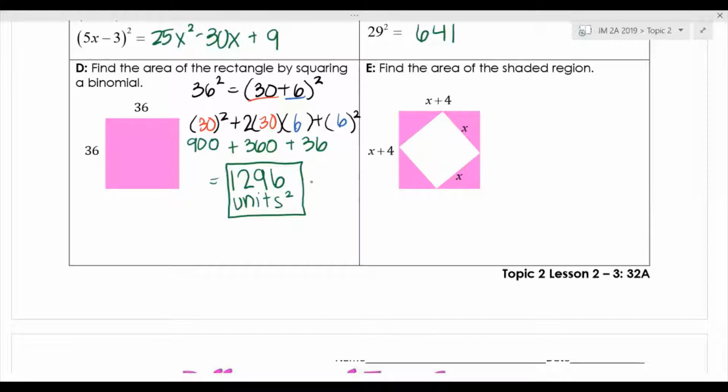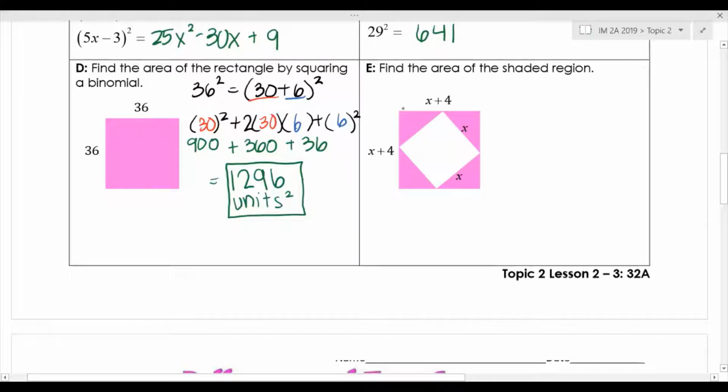For the last example for part 1, E, we're looking at the area of the shaded region. So we have 2 sides labeled on each rectangle, and they're measured the same. So that means that these are both squares. And so I can think about these 4 triangles that I'm trying to find the area of as a large square.